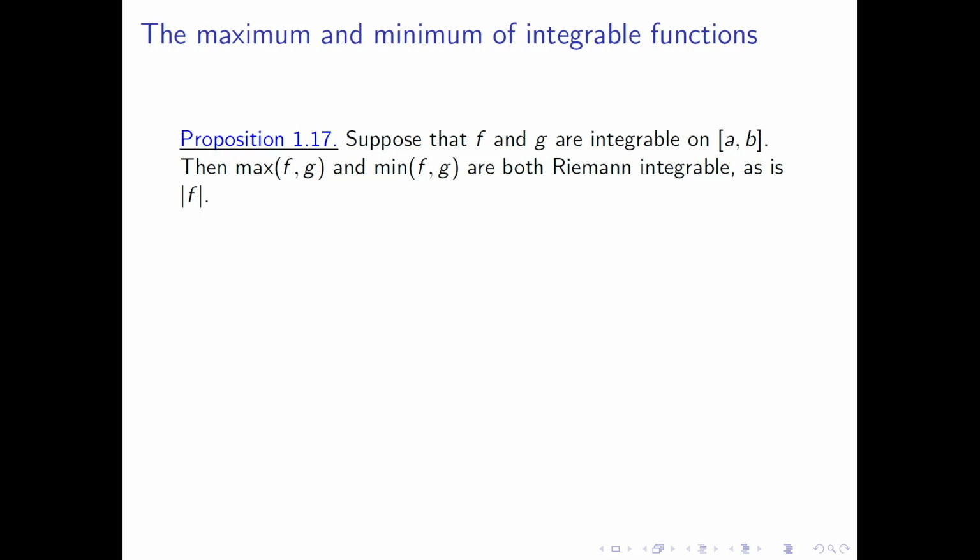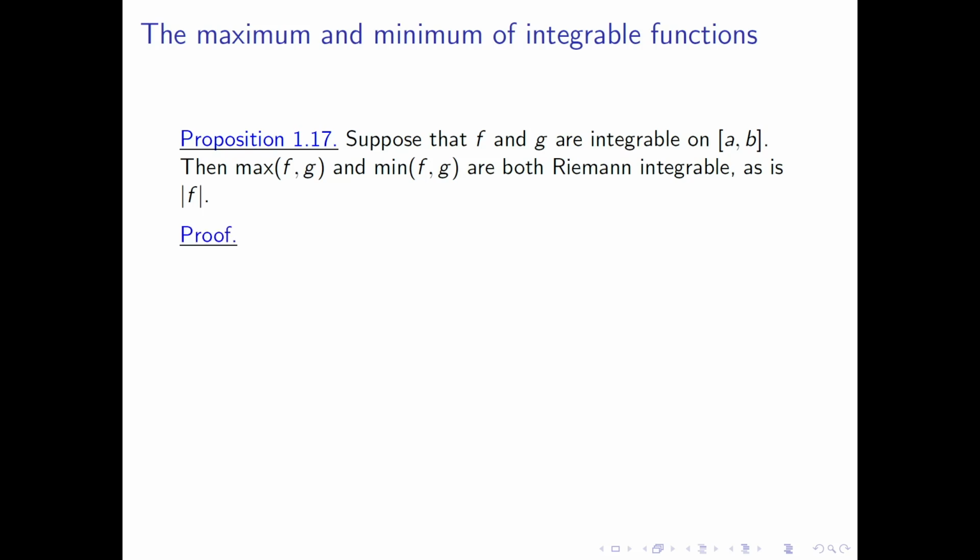You can also form the minimum of f and g, and you can also form the absolute value of f or the absolute value of g. And the theorem is that all of these are integrable.